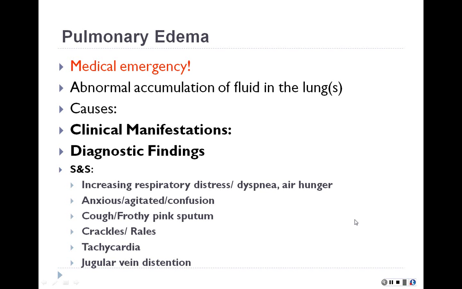So pulmonary edema is a true medical emergency. That's that fluid that gets out there in the extravascular areas. And there's several causes. You can see patients with left heart failure. They may have too rapid infusion of IV fluids.